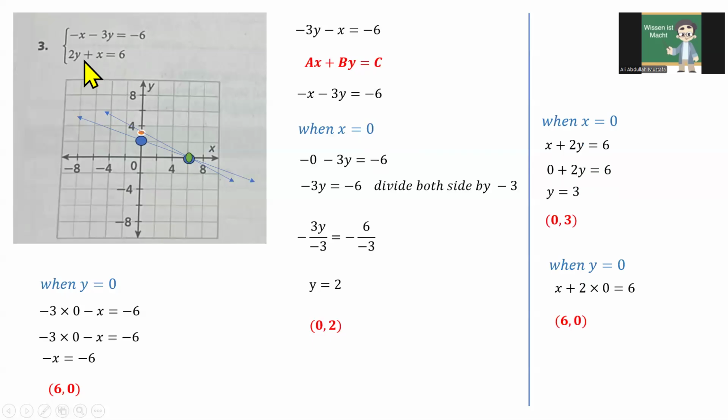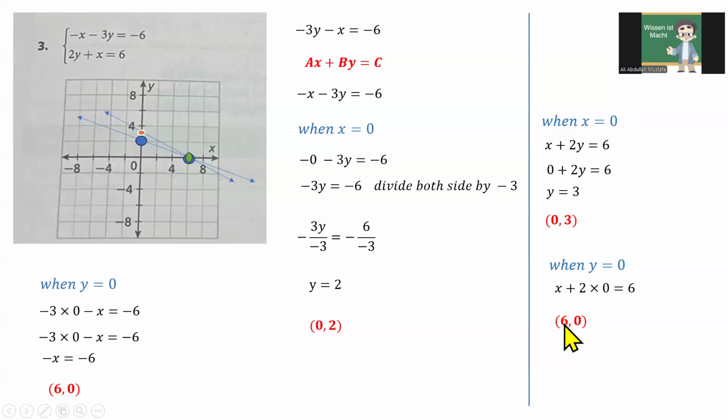I change the position of x, so it's going to be x plus 2y equals 6. I compare it with the standard form. It's the same. I suppose x equals 0 and then find y, and then I suppose y equals 0 and find x, so that I have 2 points. Again, 6, 0.